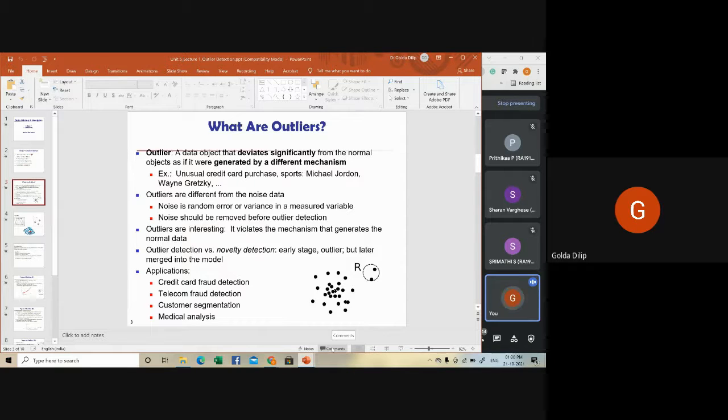As shown in the PPT, an outlier can be explained as a piece of data or an observation that deviates from the regular or normal data set. An outlier could be by chance, or it could be due to some measurement error or variability in the measurement, or multiple other reasons.